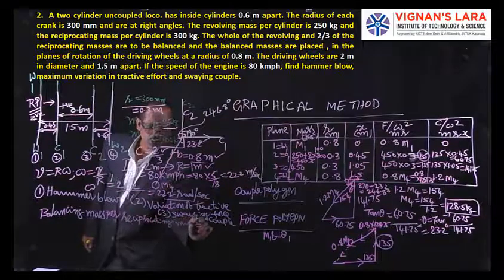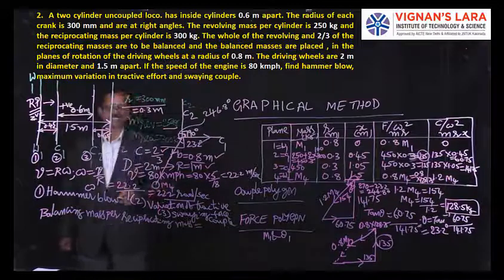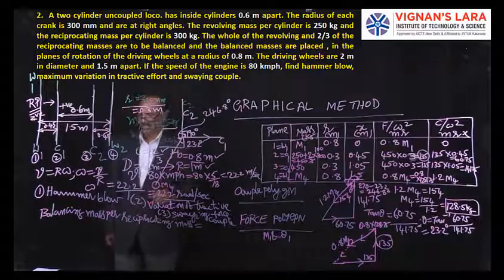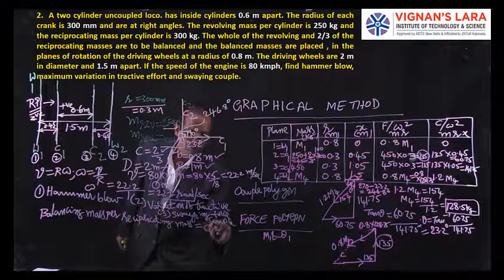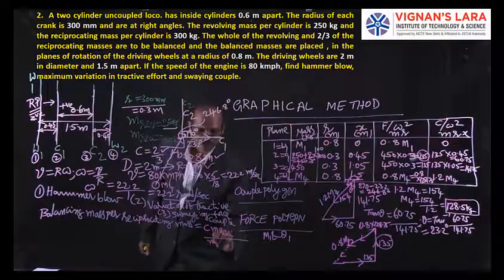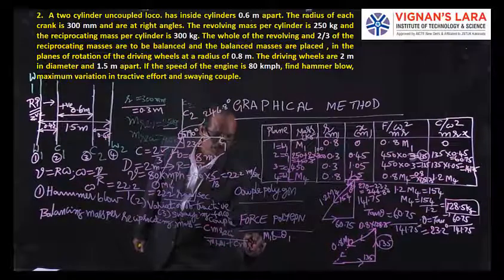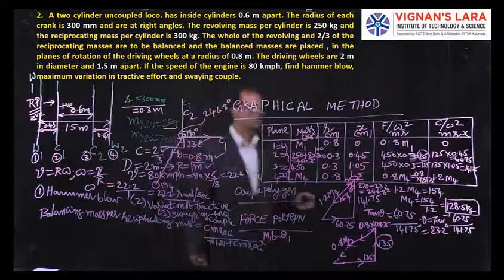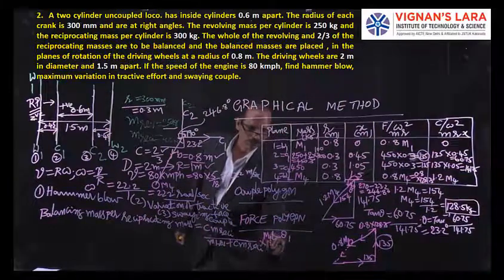So to balance only reciprocating mass, what is the mass I require? This can be evaluated as C times M reciprocating by M revolving plus C times M reciprocating, into the actual mass, that is 128.